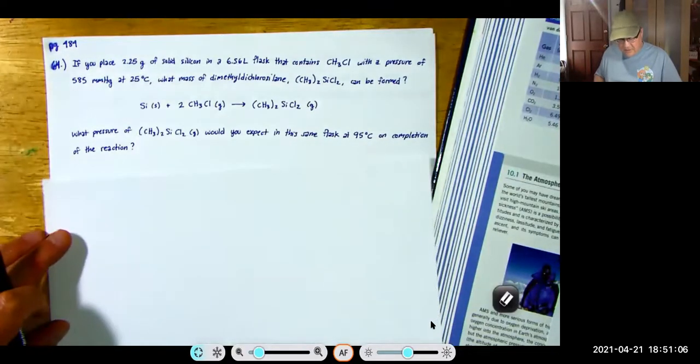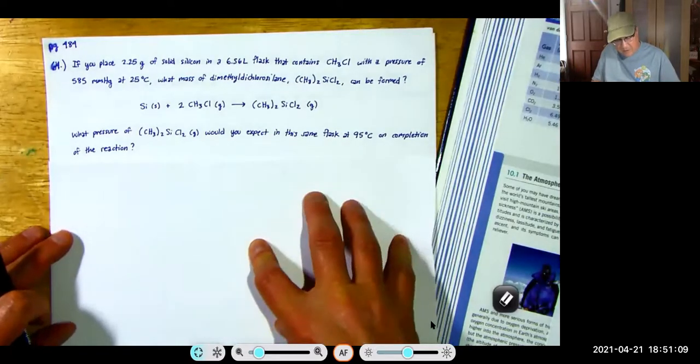So how do we do this? Well, we need the molar masses of each of these things.